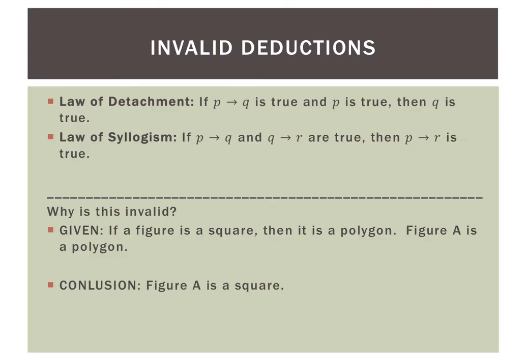Now, when we had inductive reasoning, that was patterns and then a conjecture. We talked a lot about coming up with a counterexample to prove the conjecture false or invalid. Well, with law of attachment, again, you can have invalid deductions, but instead of there being a counterexample, there's a flaw in the logic.